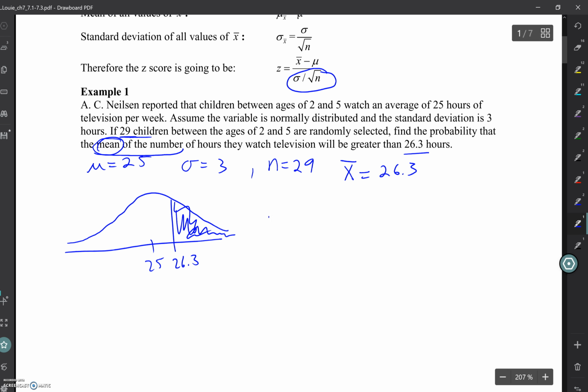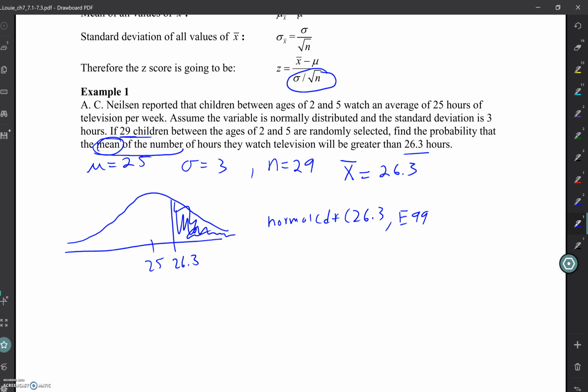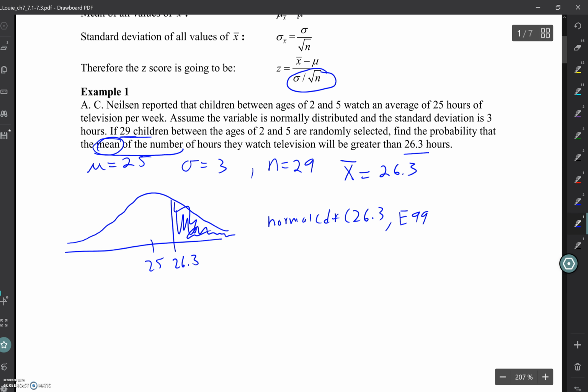I can still say, all right, I've got my normal CDF, because that's what I want to use. And I want to be above 26.3. So 26.3 is my lowest, and then theoretically there's an infinite amount of time they could watch television, but hopefully not. So you're going to go to positive infinity.